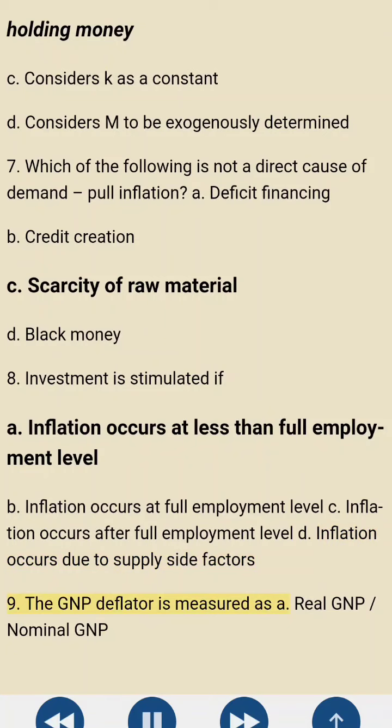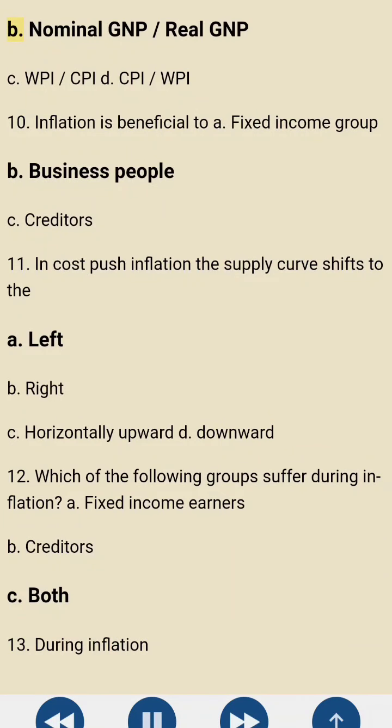9. The GNP deflator is measured as A. Real GNP over nominal GNP. B. Nominal GNP over real GNP. C. WPI over CPI. D. CPI over WPI. 10. Inflation is beneficial to A. Fixed income group. B. Business people. C. Creditors. 11. In cost push inflation, the supply curve shifts to A. Left.